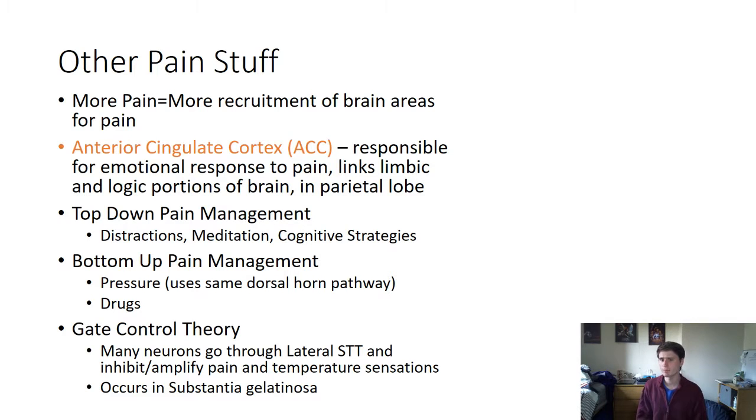As far as bottom-up pain management goes, these are our typical pain management stuff. You can use drugs, which might be morphine or something like that, or a drug that deals with inflammation, that sort of thing. Alternatively, you can apply pressure, and you apply pressure to wounds because one, it stops blood flow, so you might not bleed out.